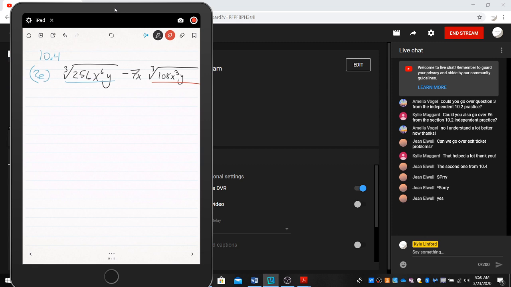Let's start with the cube root of 256 x to the 6th y. So we have the cube root of 256, the cube root of x to the 6th, and the cube root of y.